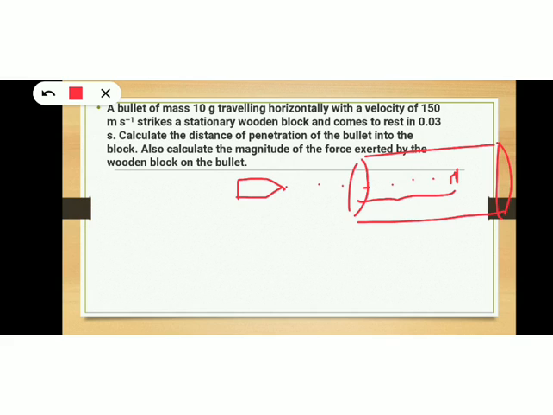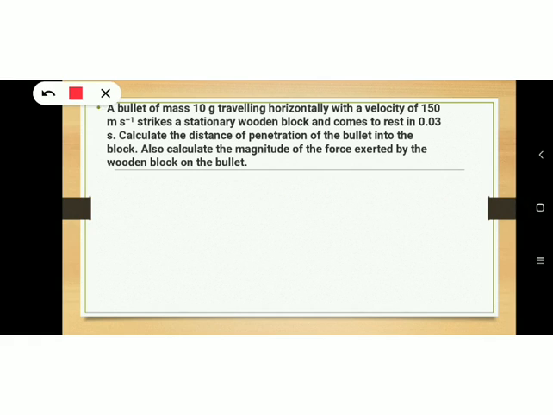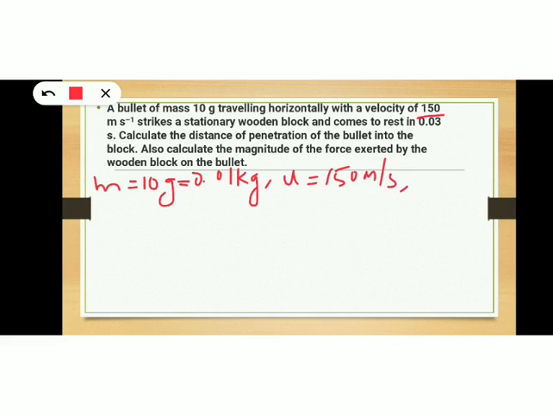Okay, so let's start. Here the mass of the bullet is given, and it is 10 gram, and 10 gram will be equal to 0.01 kilogram. Then the initial velocity of the bullet is given, it is 150 meter per second, and finally the bullet comes to rest. So the final velocity is 0, and time is 0.03 seconds.